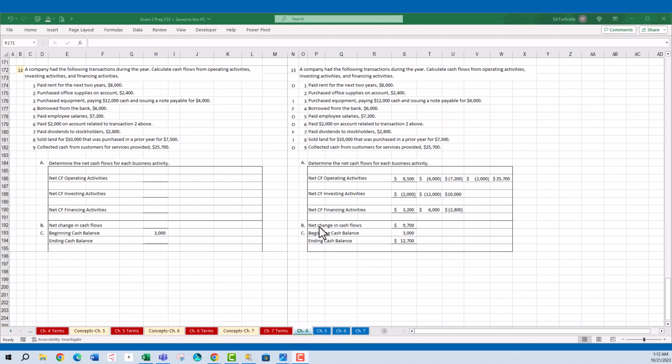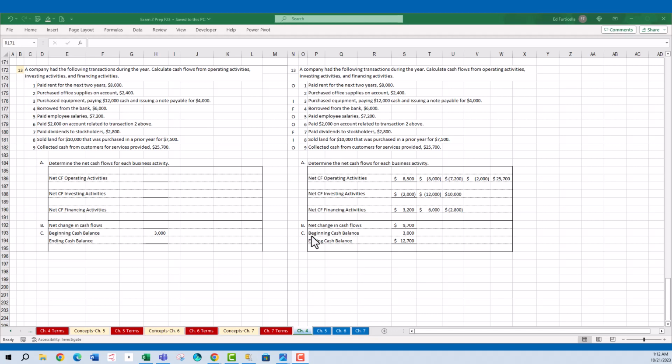Letter B asks us to determine the change in cash flows. The net change in cash flows is the sum of the 3 activities. So we add the cash inflow from operating activities of $8,500, the cash outflow of $2,000 from investing activities, and the cash inflow from financing activities of $3,200. Our cash changed during the period by $9,700.